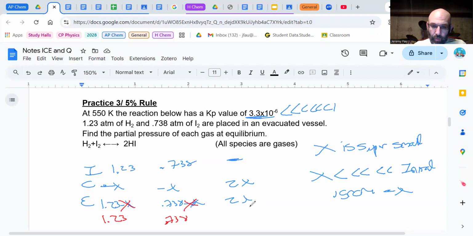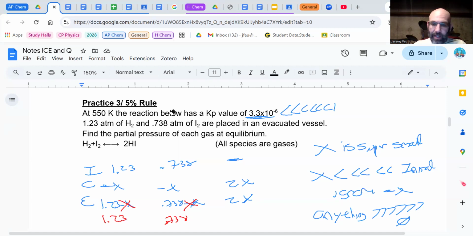Now, we don't ignore this one because anything is way bigger than 0, and right now it has nothing there. So we ignore it from the initial values, but at equilibrium, we consider that x.